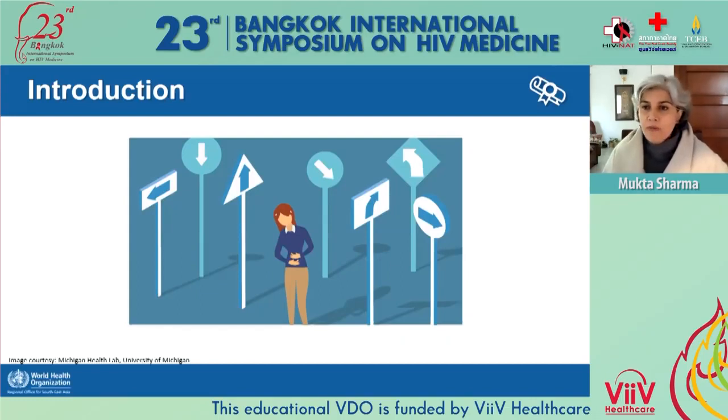Think about all the various aspects of her needs in terms of health. And let's think, do current HIV programs, does the current model of service delivery, does the current model of care help us to address the multiple needs of people living with HIV?